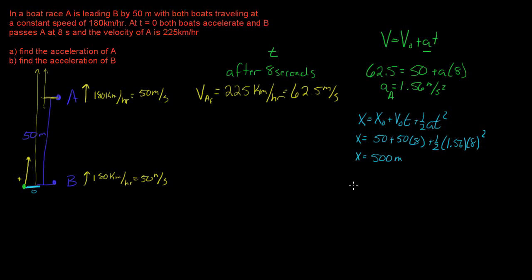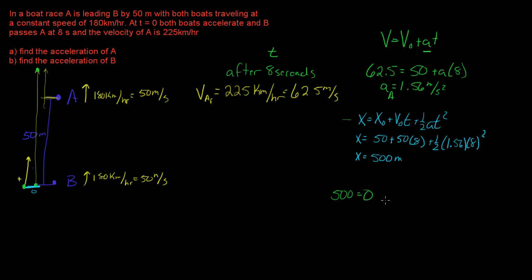So if we look at B and we want to figure out the acceleration of B, we have this equation again. We know that B has moved 500 meters, its final position, and it started at 0, right? Its final position is up here with A, and it starts at the position down here, which is 0.